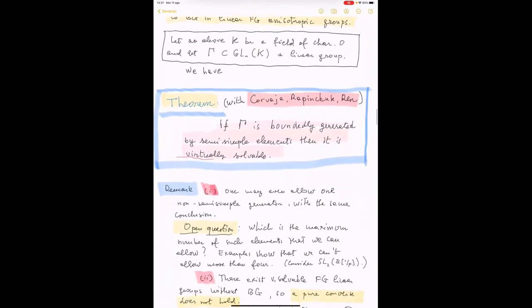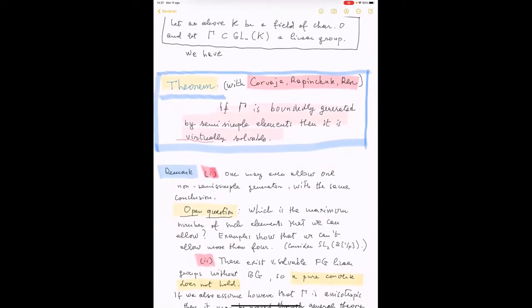We have a first result, a theorem joint with Korevaar, Rapinchuk, and Wren. If gamma is boundedly generated by semi-simple elements, then it is virtually solvable. So already this draws a quite strong limitation, a quite strong conclusion on the group.